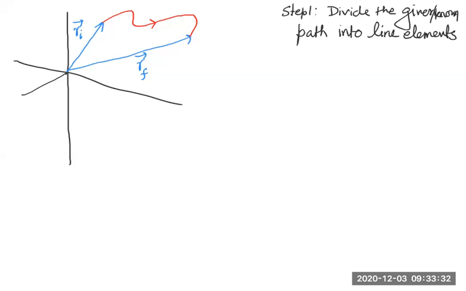If you remember, integration is area under the graph. So you divide the graph into infinitesimal strips. So in the same way, in an analogous way, we are taking the path and we are dividing the path into, because it is curved and we only want to deal with straight lines, line elements or small displacements, right? And these are infinitesimally small vectors so that they fit very exactly on the curve.